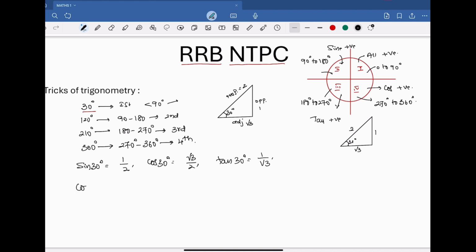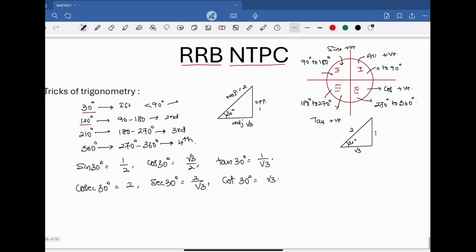Then cosecant 30, reciprocal of sin 30, that is 2. Secant 30, that is reciprocal of cos 30, that is 2 by root 3. Cot 30, that is equal to reciprocal of tan 30, that is root 3. Now, can you guess the values of the next in the series, 120 degrees?